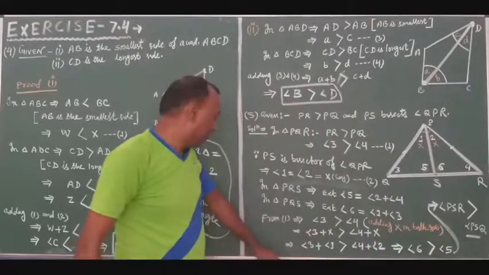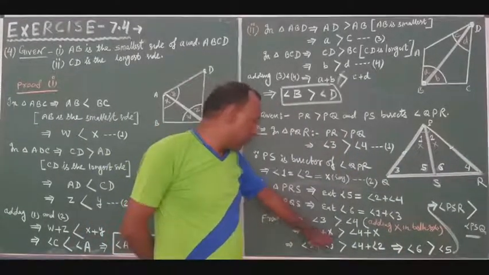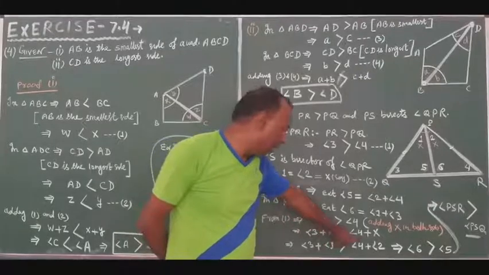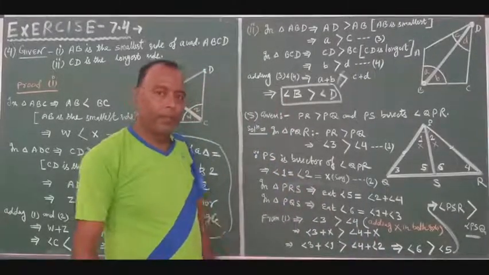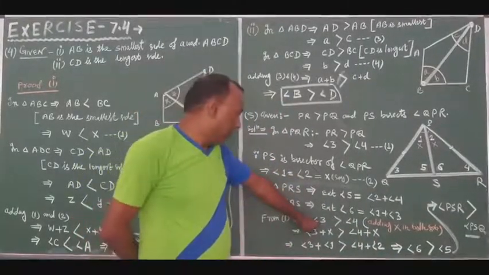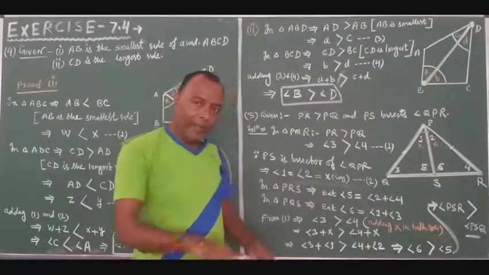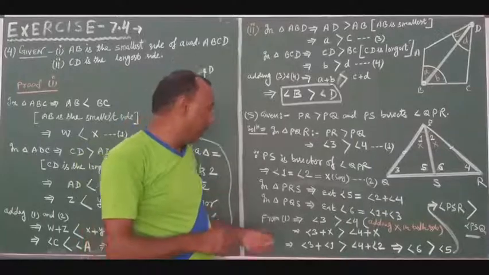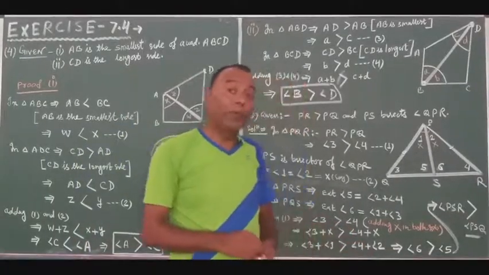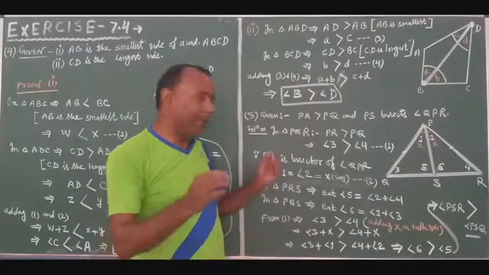So what will happen? Angle 3 plus x will be greater than angle 4 plus x. Now tell me, what was the x?